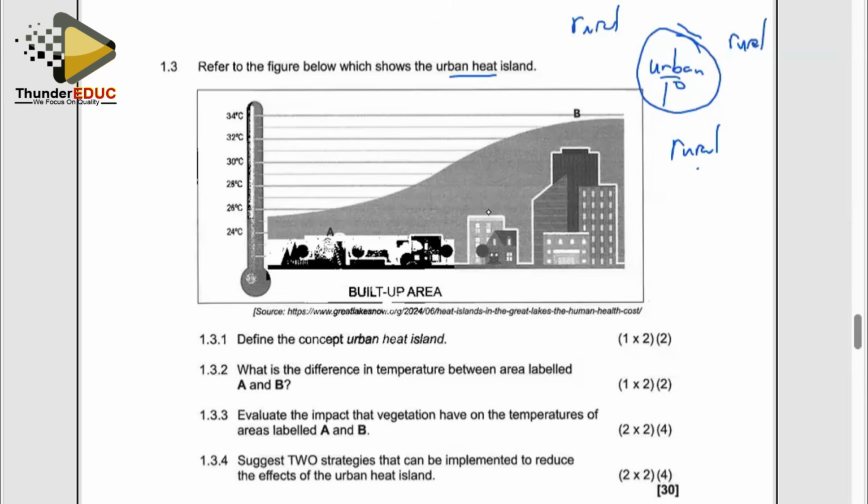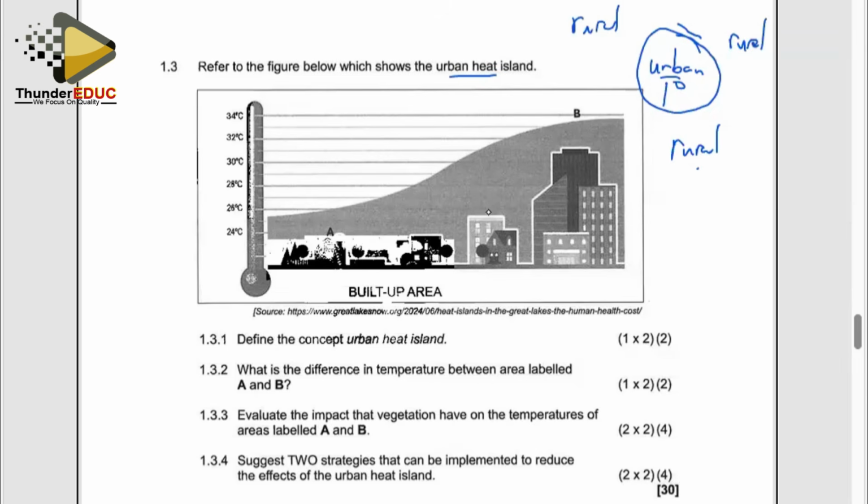Right. What causes the urban area to have higher temperatures compared to the surroundings? There are so many factors there which contribute towards the attainment of higher temperatures. Think of the buildings in the urban area, the built up area. Talk about the infrastructure like the roads, the pavements. All those factors, they contribute towards the absorption of heat. And as a result, we have higher temperatures. Talk about the traffic in the urban area.